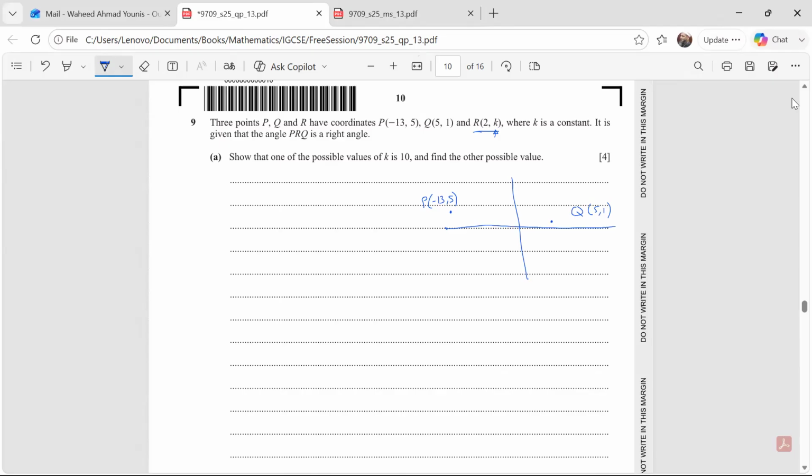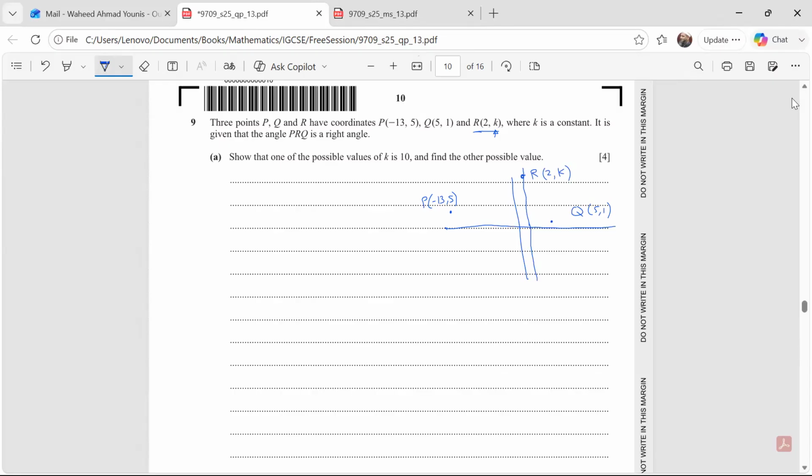So its x coordinate is 2, but the y coordinate is k, which we do not know. So point R is somewhere on this line. Its coordinates are 2 and k.